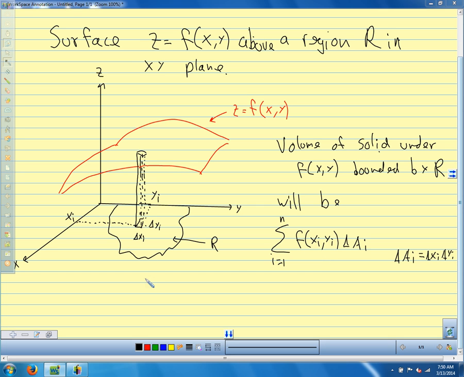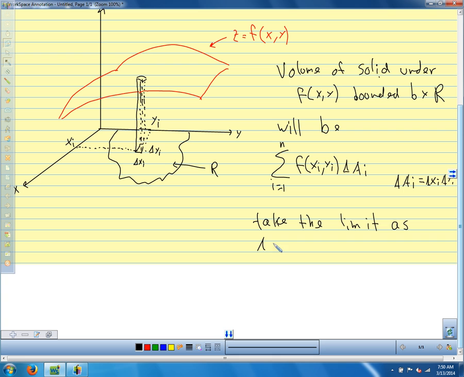And what we want to do is make these little delta x sub i's and delta y sub i's smaller and smaller and smaller. And we're going to take the limit of this sum as that delta A sub i approaches 0. So each of our delta x sub i, delta y sub i, and so delta A sub i approach 0.